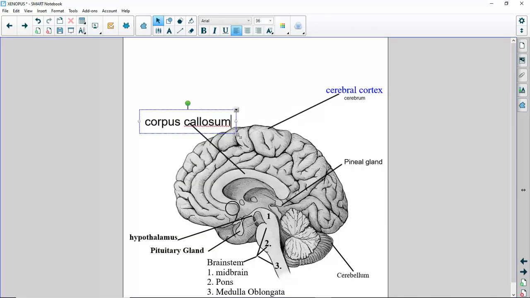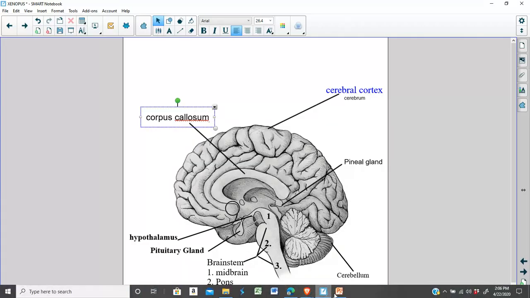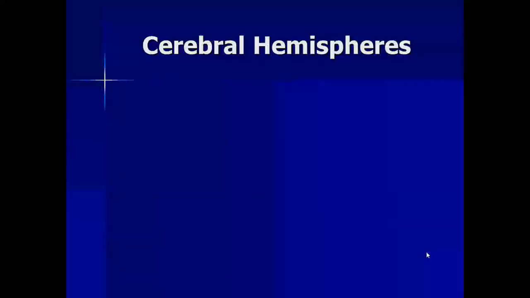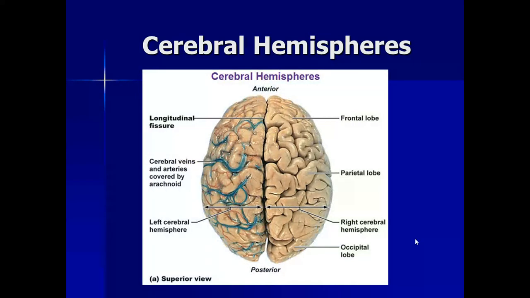The corpus callosum is the section of nerve tissue that facilitates the communication between both hemispheres, which I believe is referred to as interhemispheric communication.